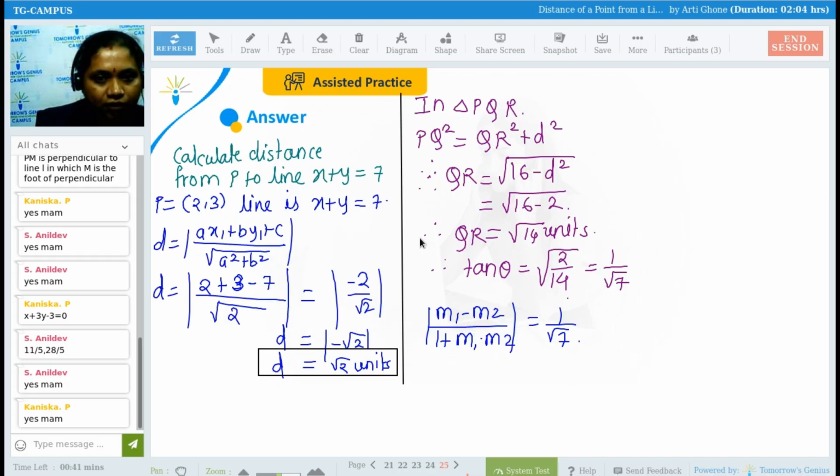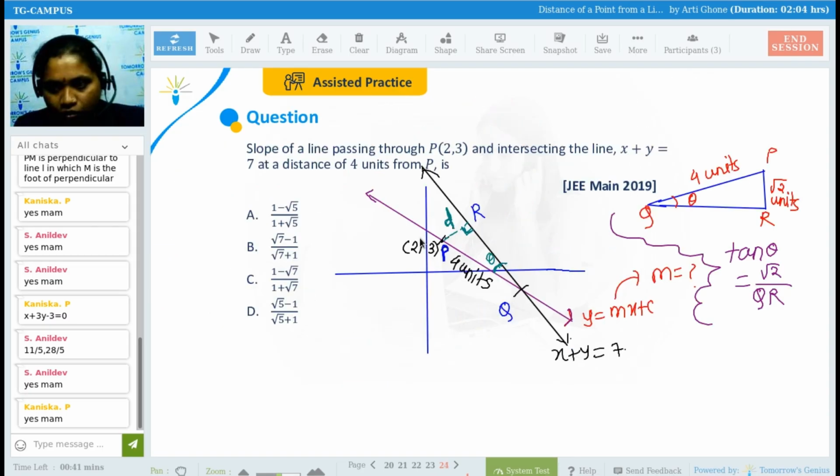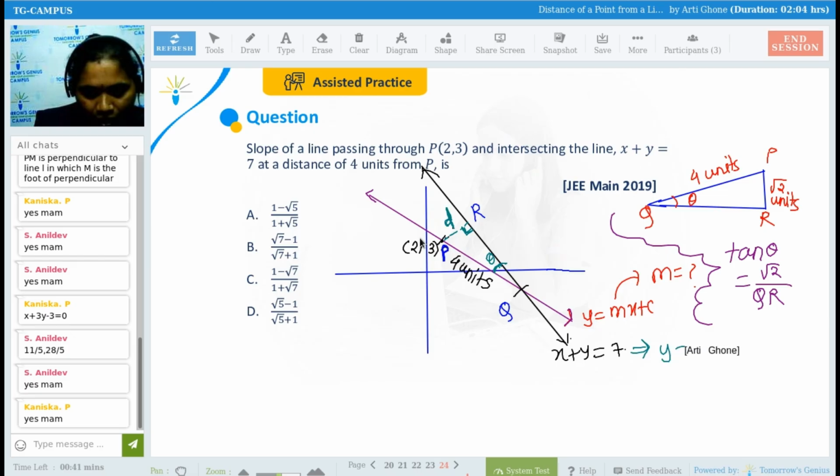Up to this is clear? Now, what is my m1 or m2? Just take it as m2. What is my m2? Slope of this line: comparing with y is equal to mx plus c, or you can consider that the slope of this line is m equal to minus a by b, which is equal to 1.